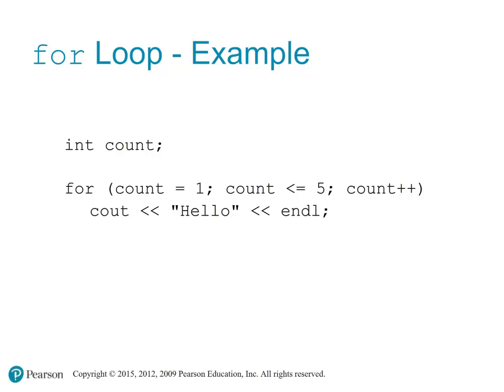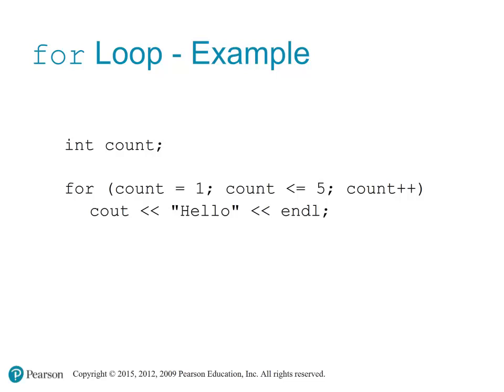This example demonstrates a simple for loop that prints the word hello 5 times. An integer variable count is declared but not initialized outside the loop. The for loop starts with count set to 1 and continues as long as count is less than or equal to 5.